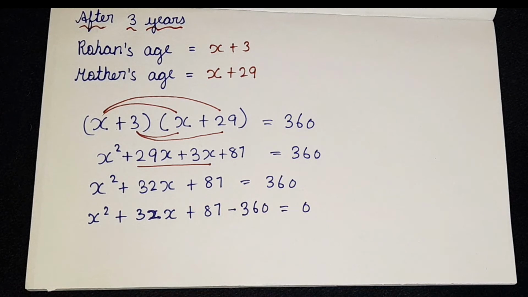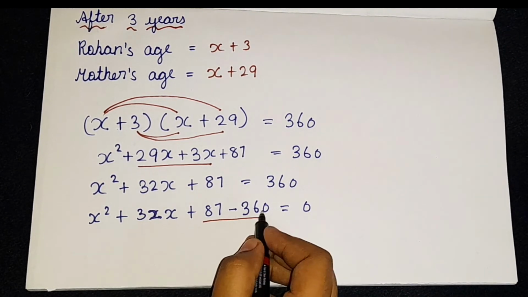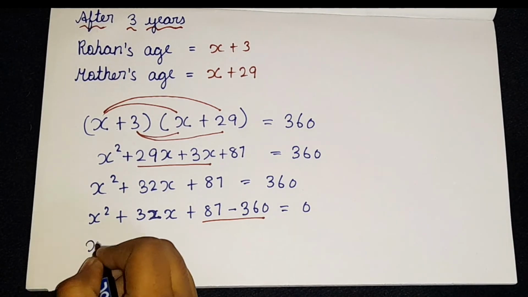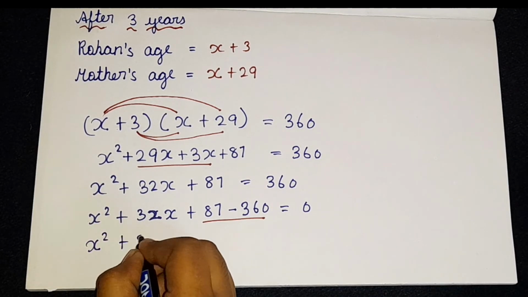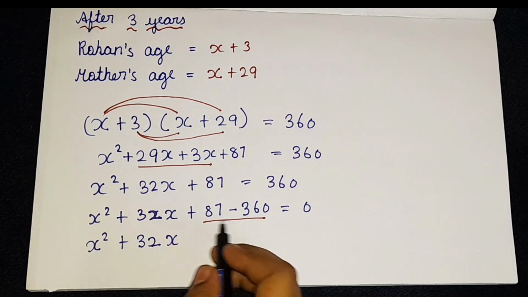So now you can just find the constant terms, the like terms. Okay, so here the constant terms are like terms. So here we have constant terms, so we can just solve them. Okay, so for that we can just write x square as it is plus 32x as it is, and we are going to be subtracting them.